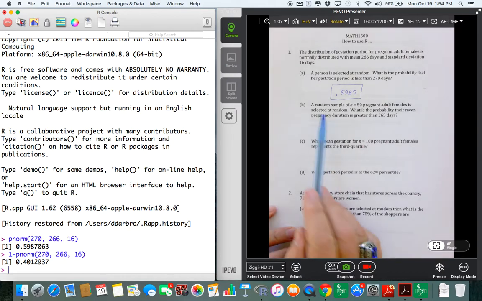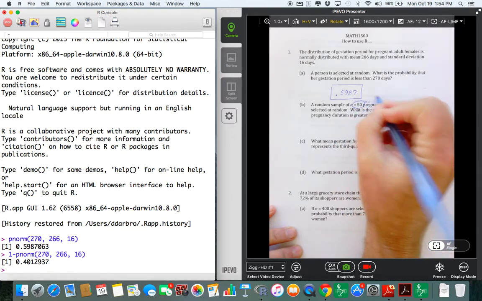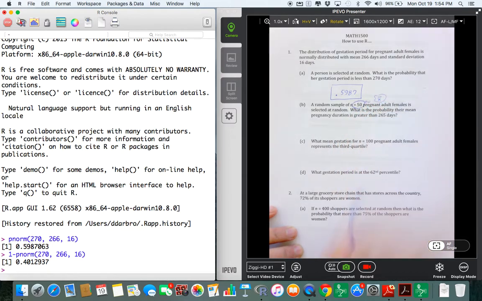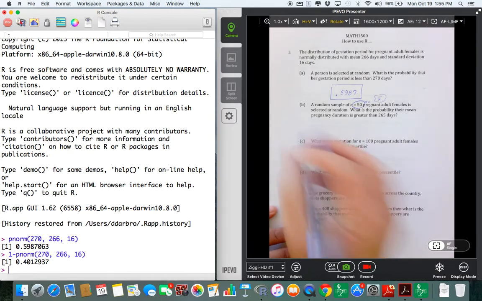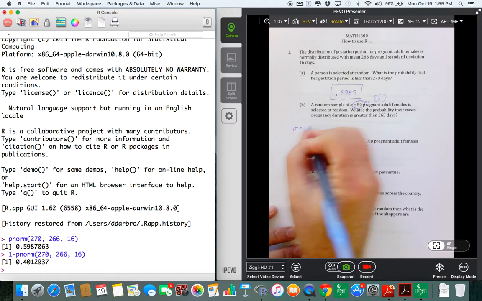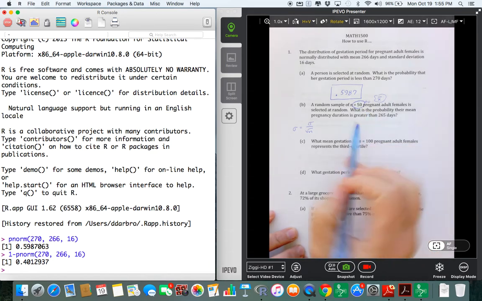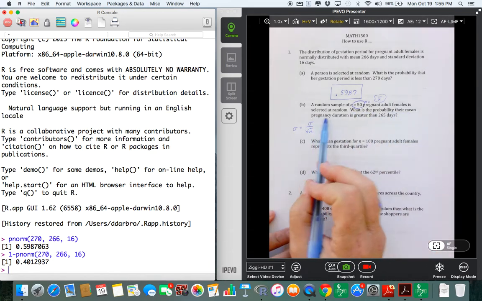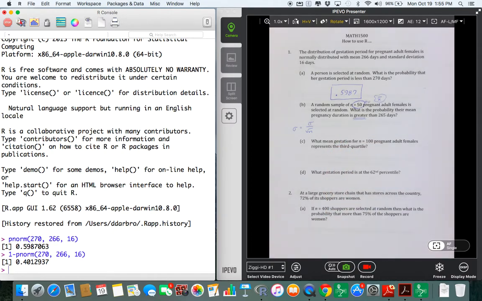Okay, part B, a random sample of 50. Now, guys, when you think about 50, you need to start thinking we're dealing with a mean for those 50 people, so we're talking about the central limit theorem. And what's the only thing different in the central limit theorem? The standard deviation has to be divided by the square root of n. All right, so what we got here? What is the probability their mean pregnancy duration is greater than 265?